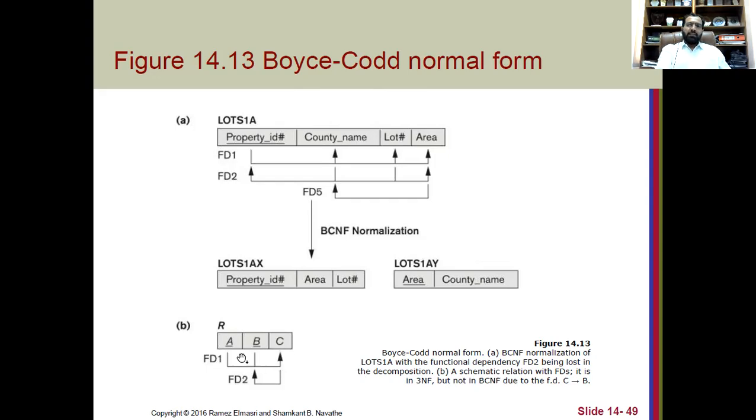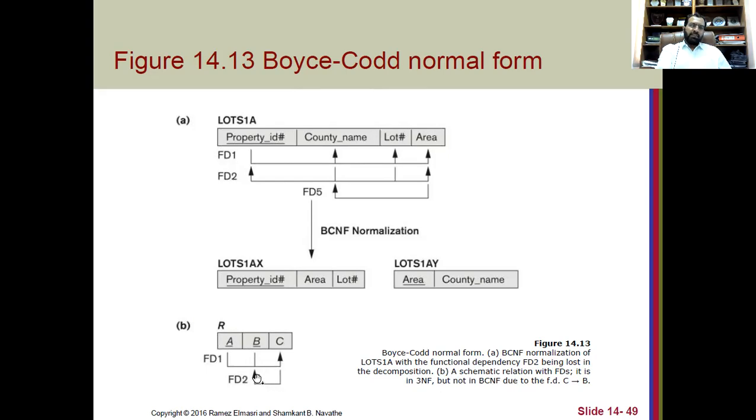You can see in this relation as well that, suppose A is a key, B is a key, and C is a non-key attribute or a prime attribute. So A and B determine C, and C determines B. If that is the case, you can say it is in third normal form but not in BCNF. Why?